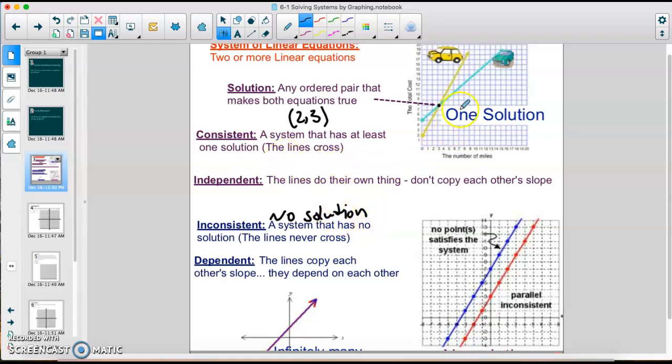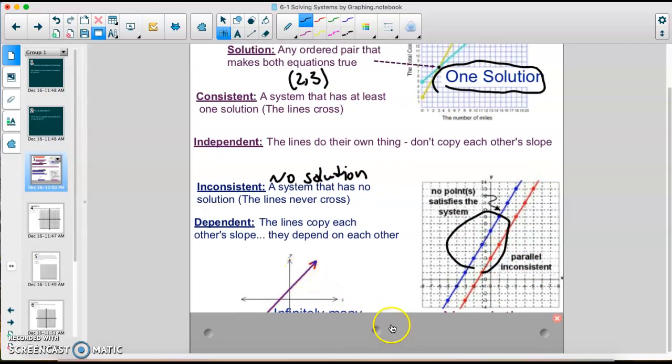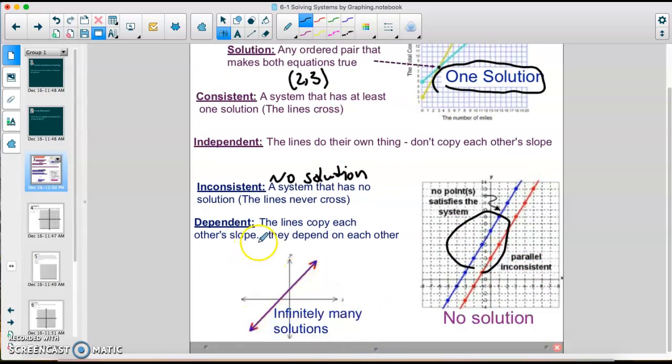Basically, is there one solution? Are there no solutions, like in this case, where they never intersect? Or we can have one last case where, technically, it's called dependent, where the lines copy each other. And it's just like one line on top of the other. Here they're intersecting at every single point.